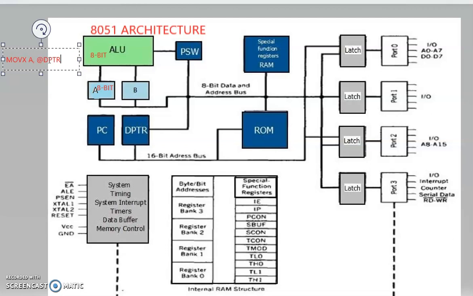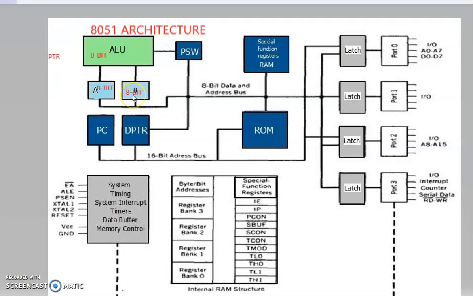The data is stored in external memory, and the address of the location is placed in DPTR. From that address location, the data is transferred to register A. So register A is the only register used for data transfer from an external memory.